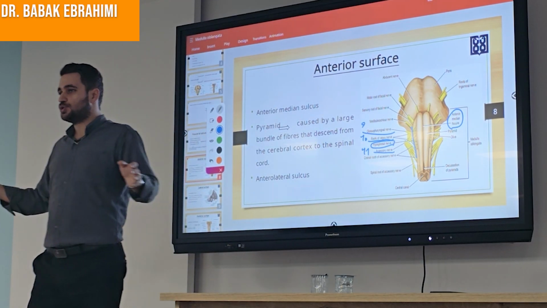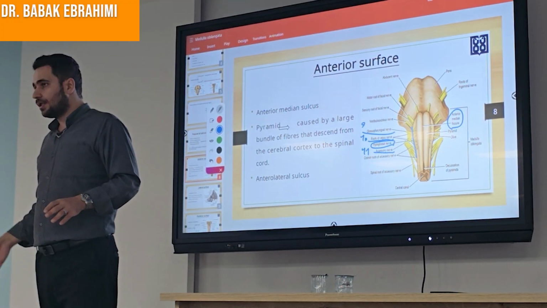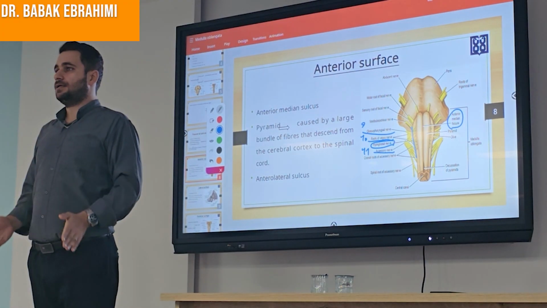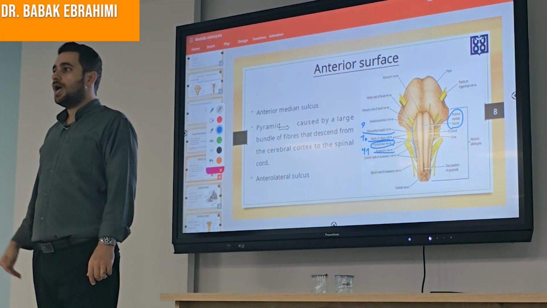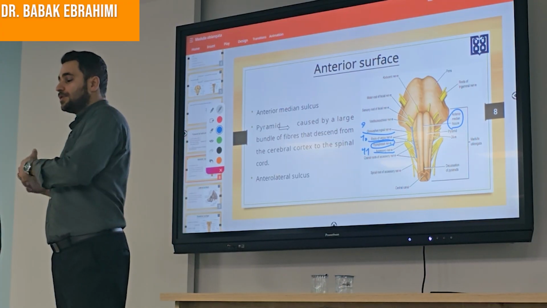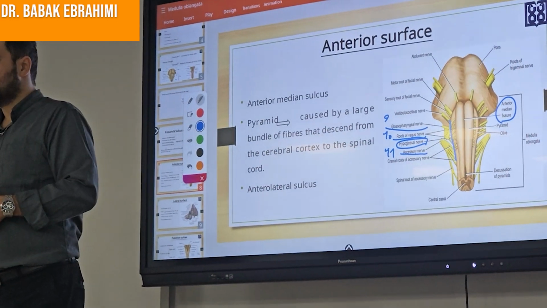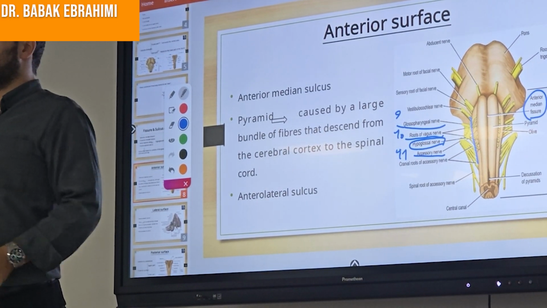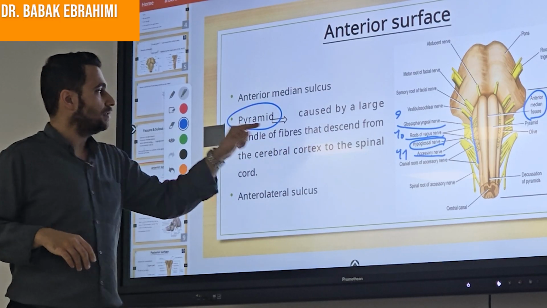Come here, I use you as a model. I am the anterior median fissure, and she is the anterolateral sulcus. I told you in the spinal cord, between us was which funiculus? Anterior funiculus. But in the medulla oblongata we have something we call the pyramid.